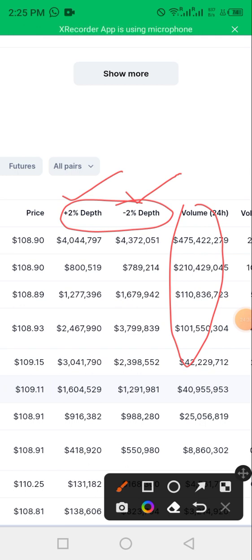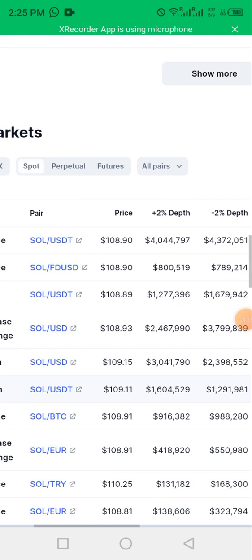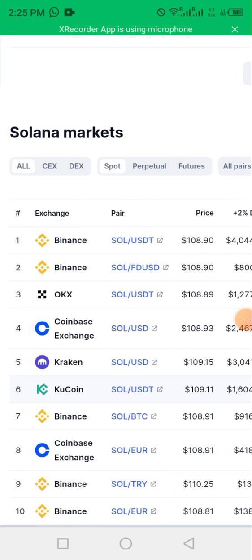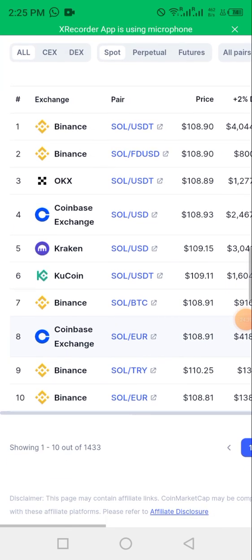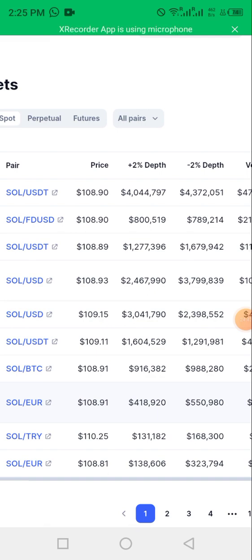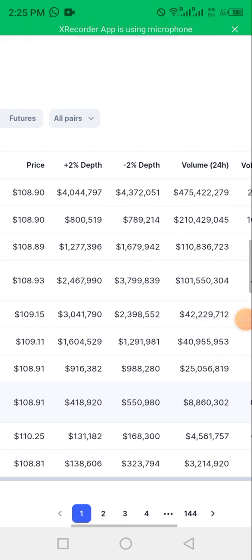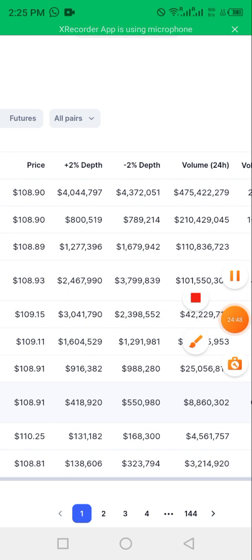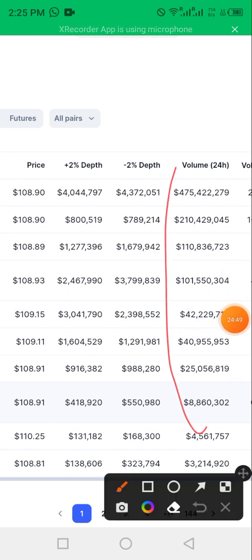In as much as Bybit was not listed here, you can still carry this out. I told you this particular strategy can be carried out on any exchange. But the most important thing is for you to know what you are doing at any time. At this particular point, Solana shows a high trading volume within the last 24 hours.